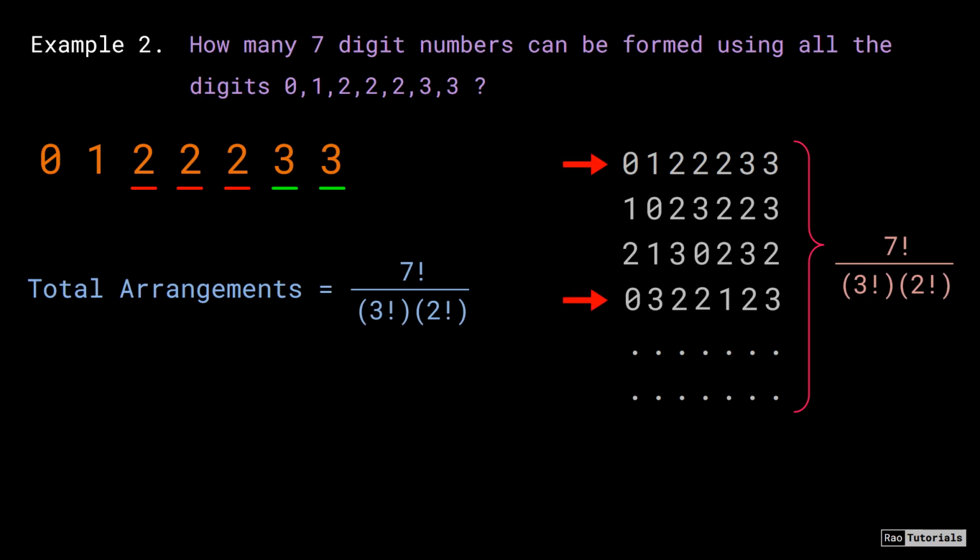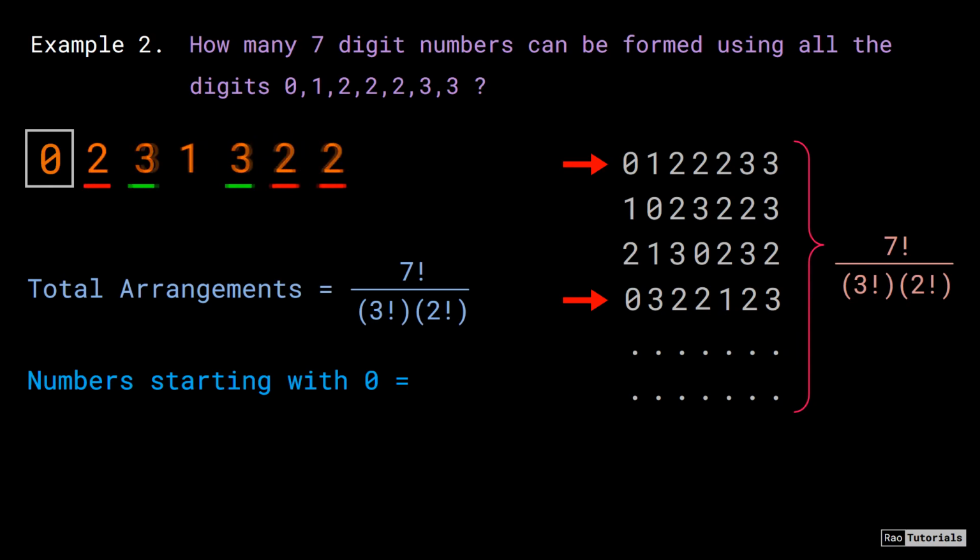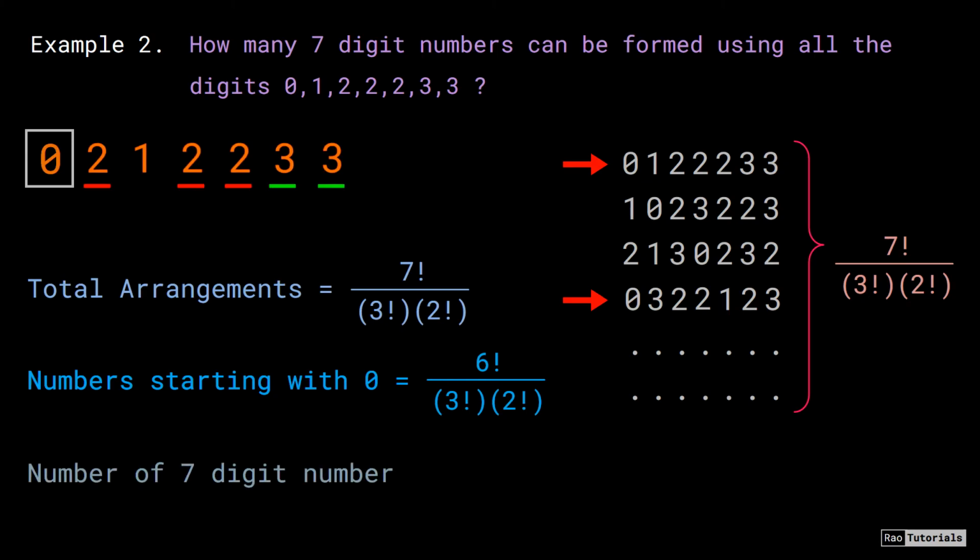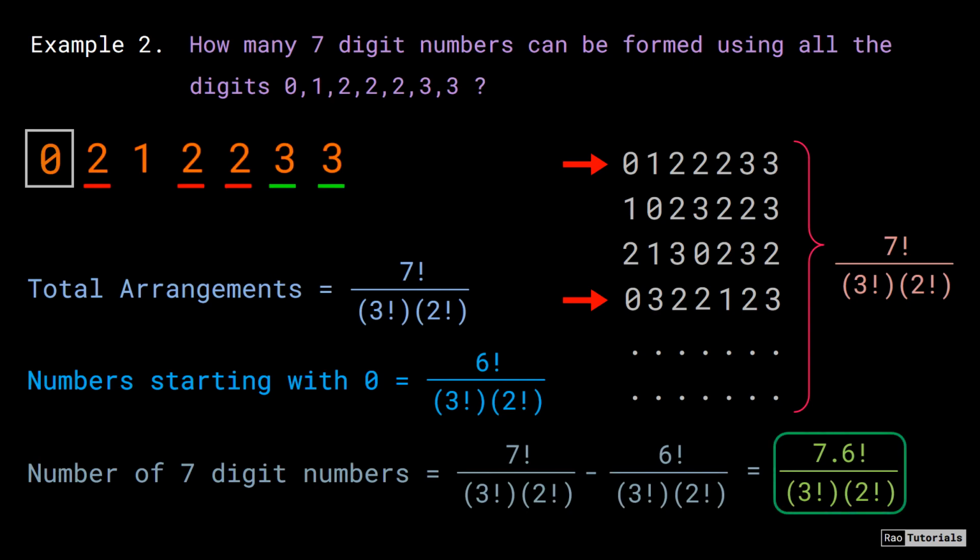But many of these arrangements have 0 at the first place, making them a 6-digit number. So we need to exclude them from the total count. To find the number of such numbers that start with 0, we fix 0 at the first place, and then the other digits can arrange in 6 factorial by 3 factorial times 2 factorial ways. So the required number of 7-digit numbers is total arrangements minus those that start with 0.